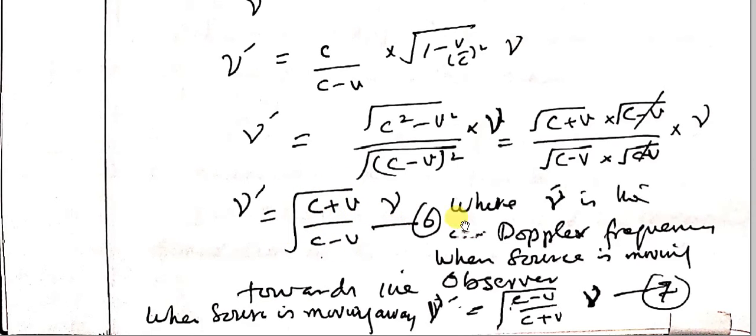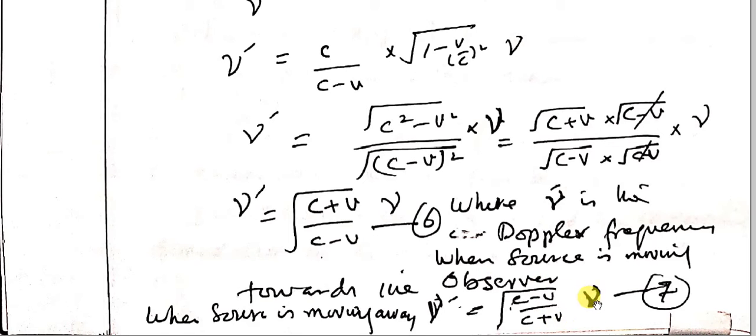Here nu prime is the Doppler frequency when the source is moving.